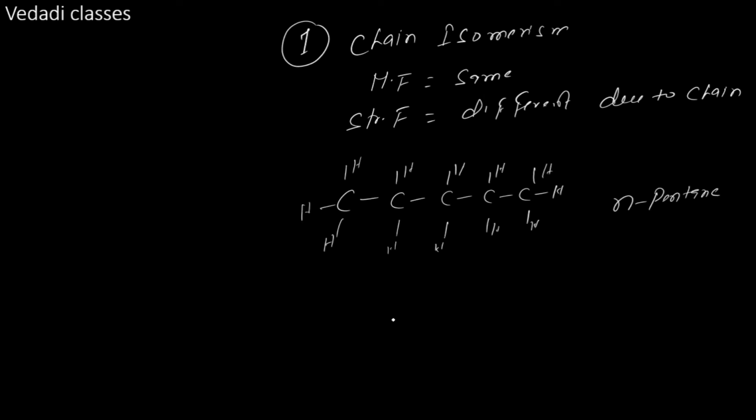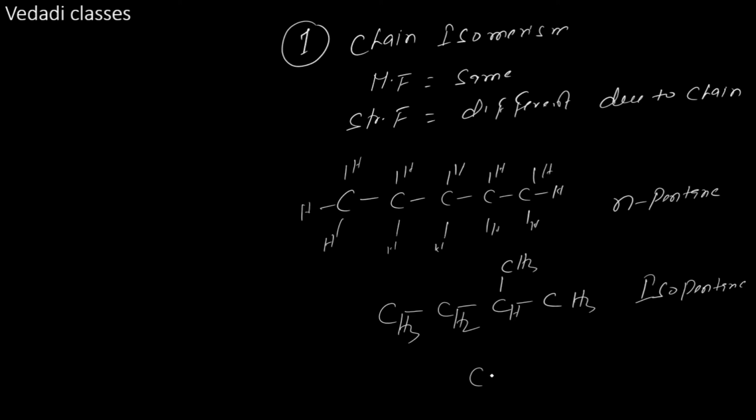If there is a branching of carbon from the middle of the carbon chain, like here, then this is your isopentane.